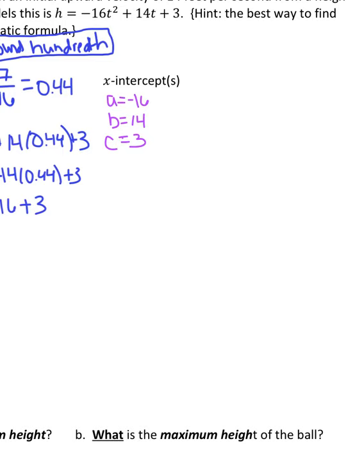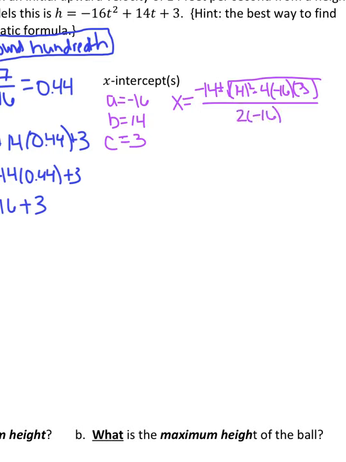So now we're just going to plug into our equation. X equals negative B plus or minus the square root of B squared minus 4 times A times C, all divided by 2 times A. So that's plugging in negative 14 plus or minus the square root of 14 squared minus 4 times negative 16 times 3, all divided by 2 times negative 16.